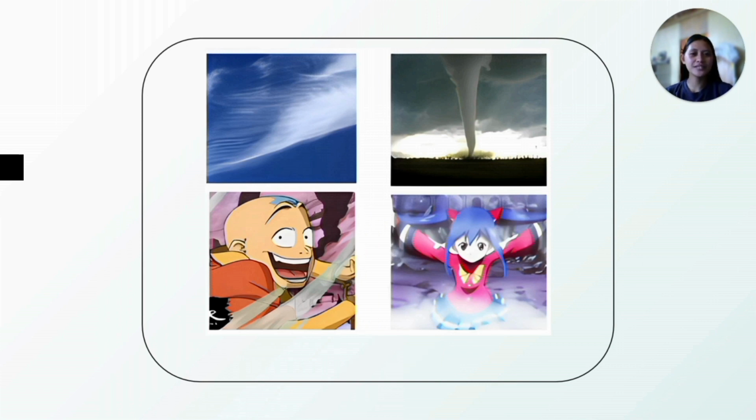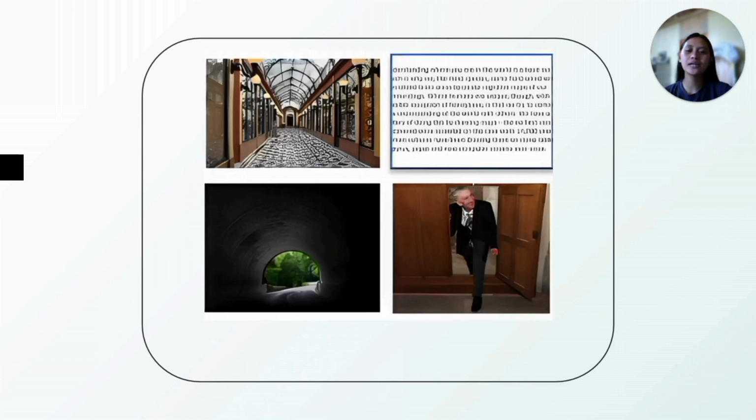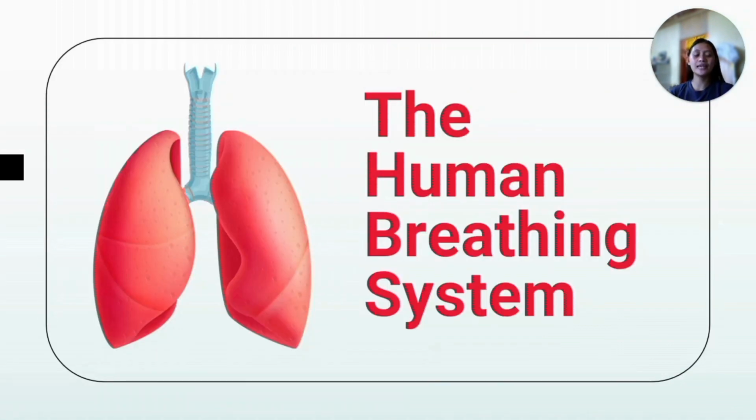The next one is pretty obvious. This is air. The last one, any guess? Awesome. That's passage. So all of these terms correlate to our topic today, which is, everybody say, the human breathing system.